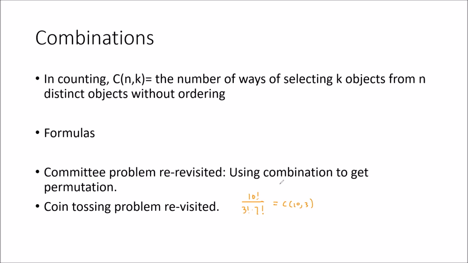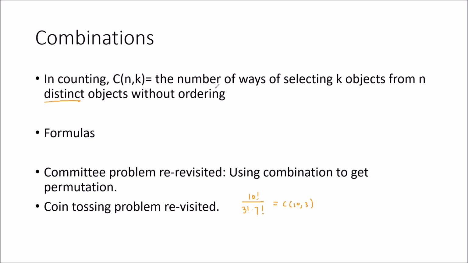But then you look at the meaning of the counting. It's the number of ways of selecting k objects from n distinct objects without ordering. So where does this without ordering come from? Actually, we're ordering things, right? We're ordering 2 types of things, even though within each type, they have identical things. I want you to pay attention to these distinct objects in this expression.